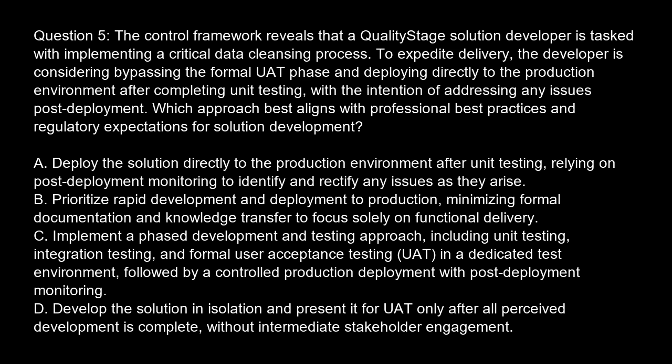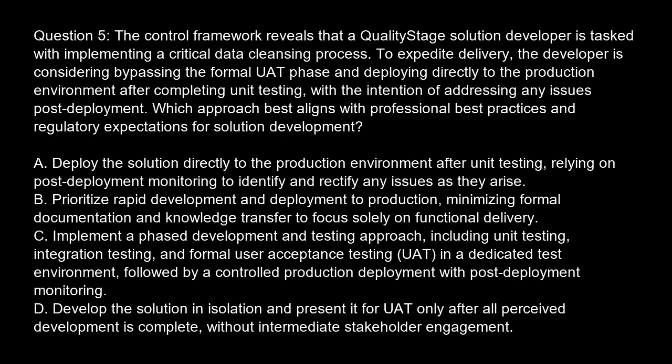Option A. Deploy the solution directly to the production environment after unit testing, relying on post-deployment monitoring to identify and rectify any issues as they arise. Option B. Prioritize rapid development and deployment to production, minimizing formal documentation and knowledge transfer to focus solely on functional delivery.